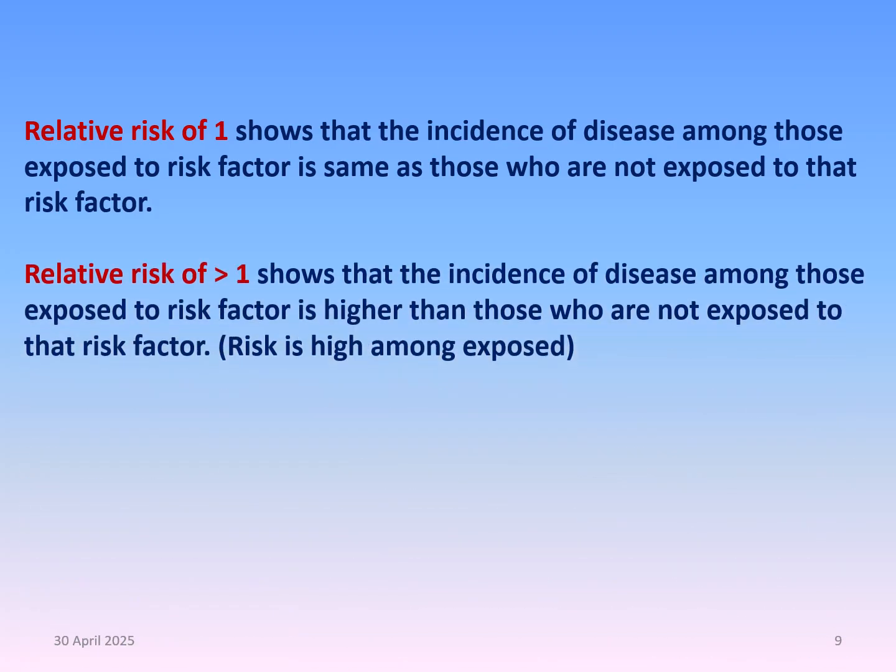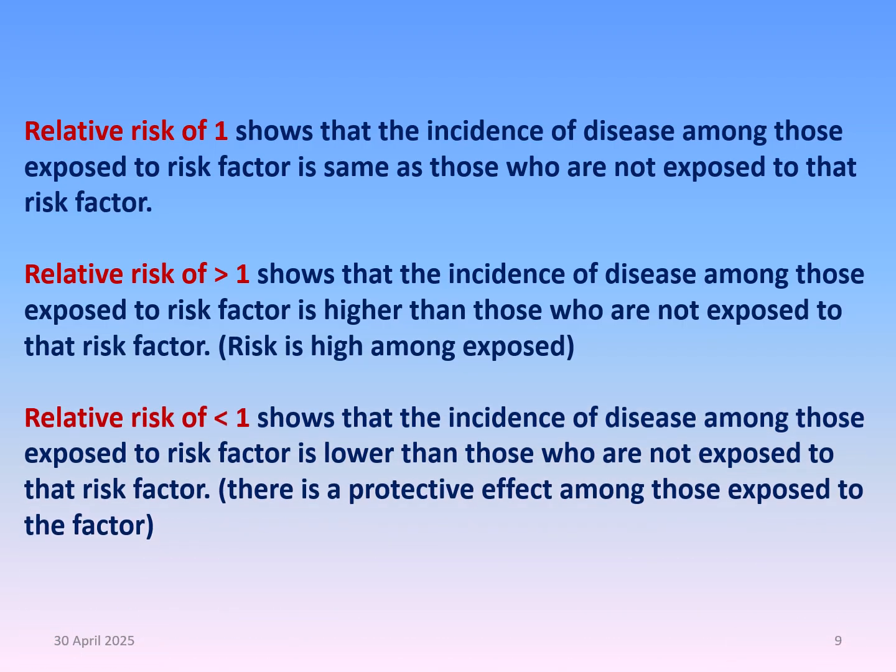Relative risk more than 1 shows that incidence of disease among those exposed to risk factor is higher than incidence of disease among those who are not exposed to that risk factor. The risk is high among exposed group. Relative risk of less than 1 shows that incidence of disease among those exposed to risk factor is lower than those who are not exposed to that risk factor. There is a protective effect among those exposed to the risk factor.